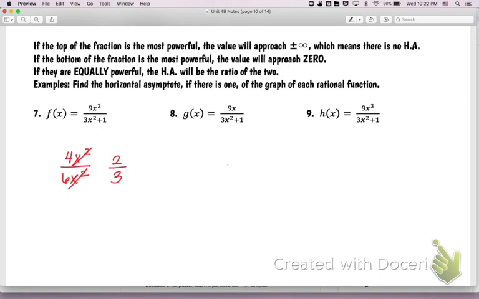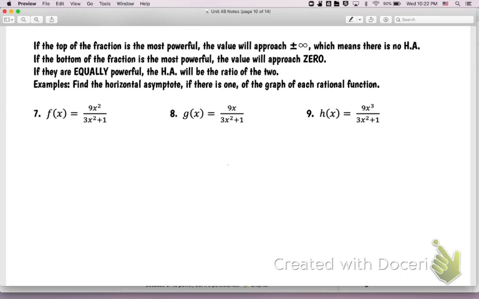So again, the question is, compare the power, as in like the strength, but also looking at literally the exponent, the power. If the top is stronger, then it just keeps getting bigger. If the bottom is stronger, the number keeps getting smaller until it gets really close to 0. If they're equal, they undo each other's power and you're just left with the leading coefficients.